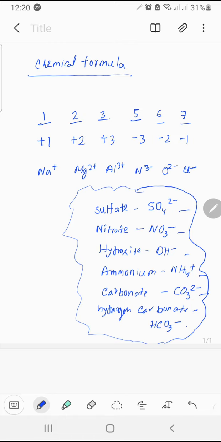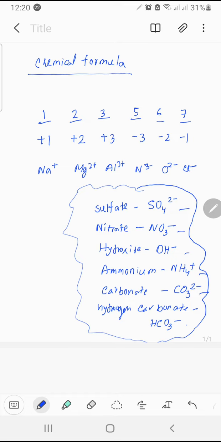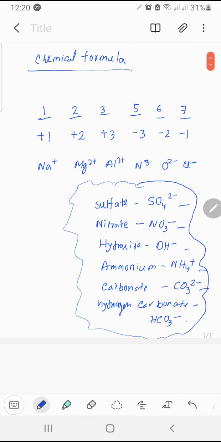So what are the things that we need to know? Step 1, we need to know what are the ions that it has. How do I know ions? By looking at the group in which they belong. If it is in group 1, it's +1, group 2, +2, group 3, +3, group 5, -3, group 6, -2, group 7, -1.